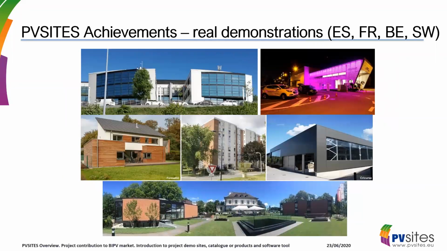And finally, and we are very proud of these achievements, is the installation of all these solutions in 7-8 real buildings. We have considered all types of buildings: commercial, residential, single family, multi-family residential buildings, industrial buildings as well, carports, and even tertiary buildings like this hotel in Geneva.